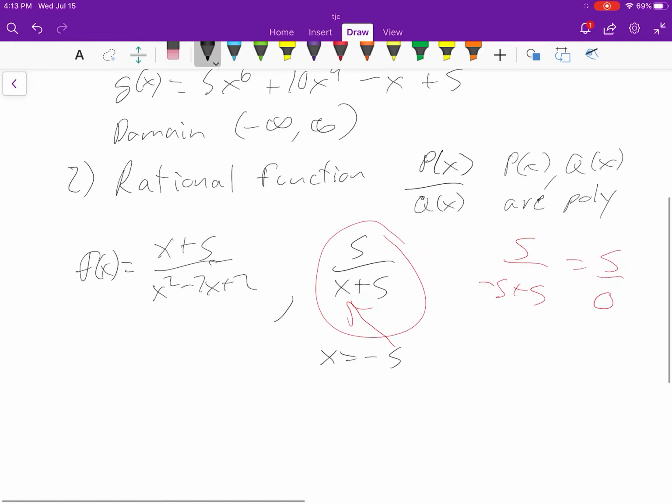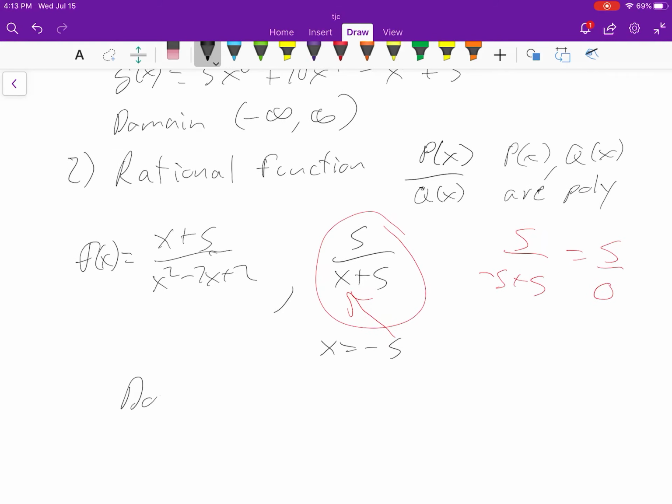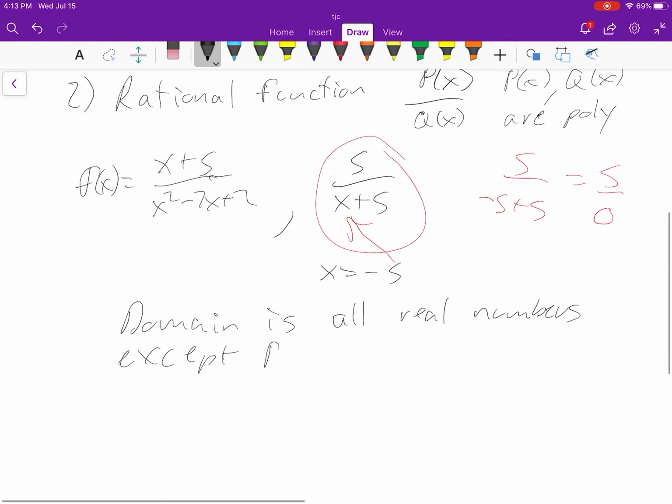So with rational functions, typically how we describe it is their domain is all real numbers except for those that make the denominator equal to 0.